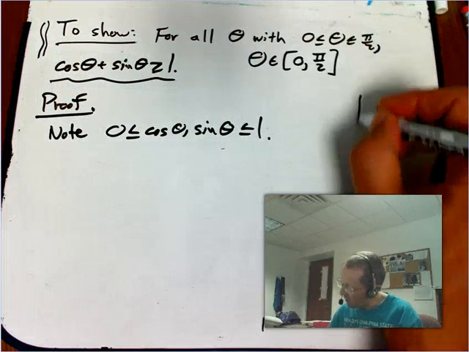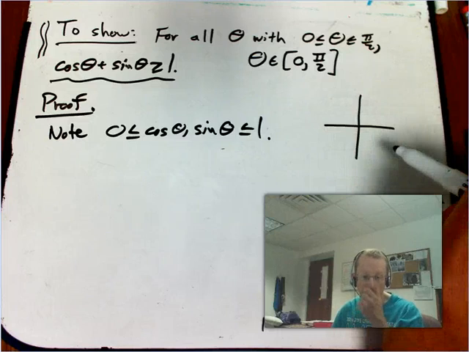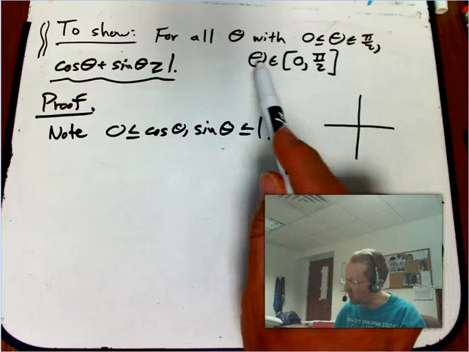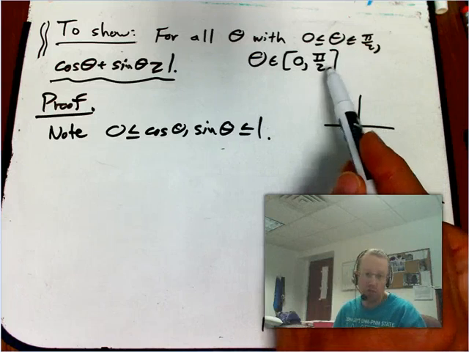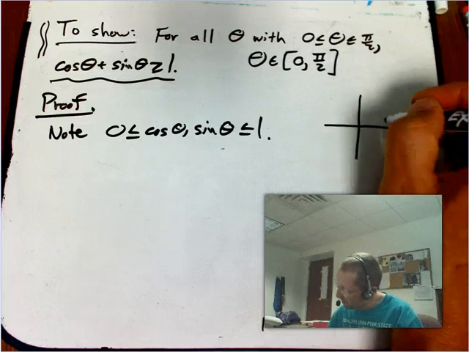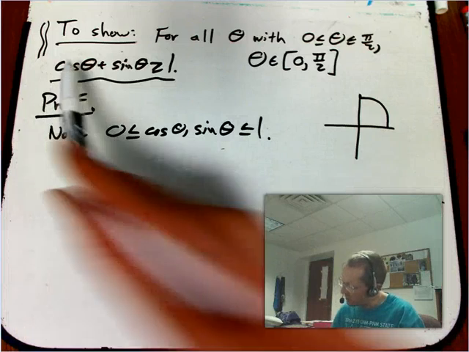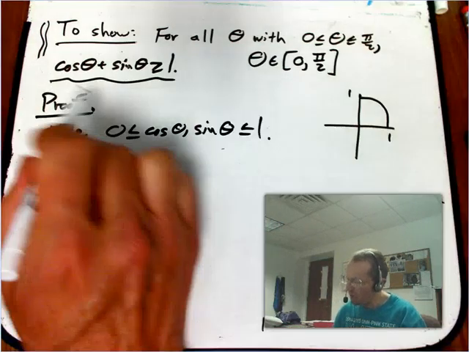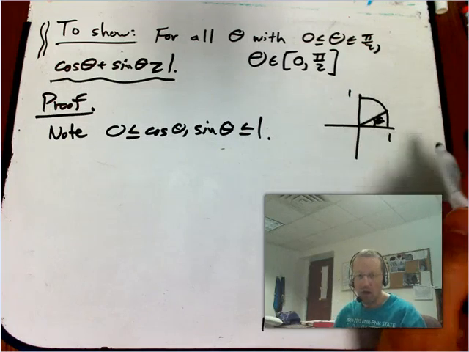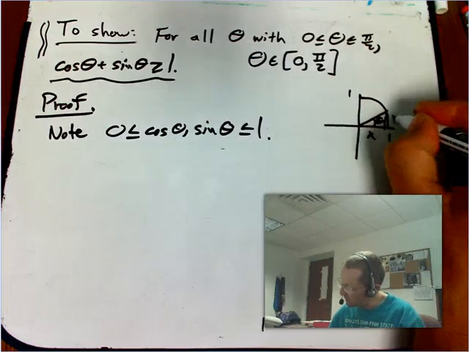Usually, I want to think of trig as circle trig, living on the circle, because that's more flexible. Now, with theta between 0 and pi over 2, this is radians, of course, I don't absolutely have to do that. But I'm looking at this part of the circle, and remember, this is the unit circle. The cosine of an angle theta is the x-coordinate, and the sine is the y-coordinate.